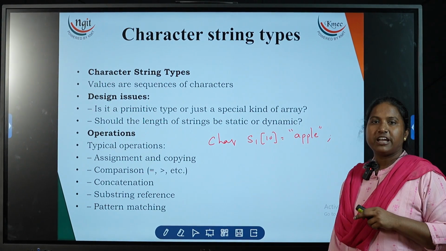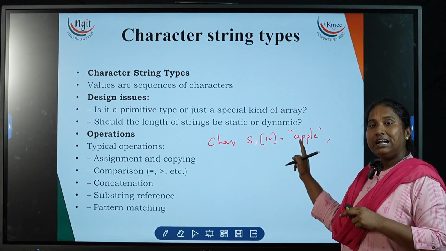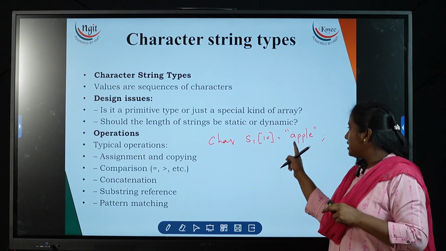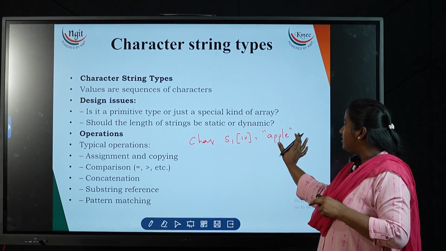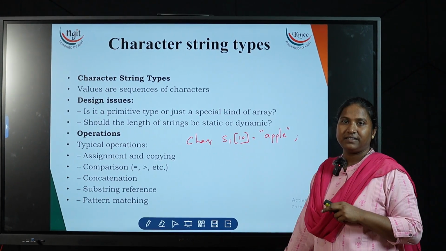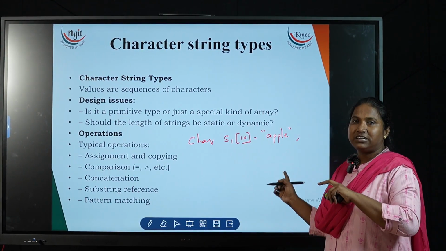So this is static, correct? And limited dynamic, in the sense, you still have more chance to insert other characters to reach 10. So this is what limited dynamic is.